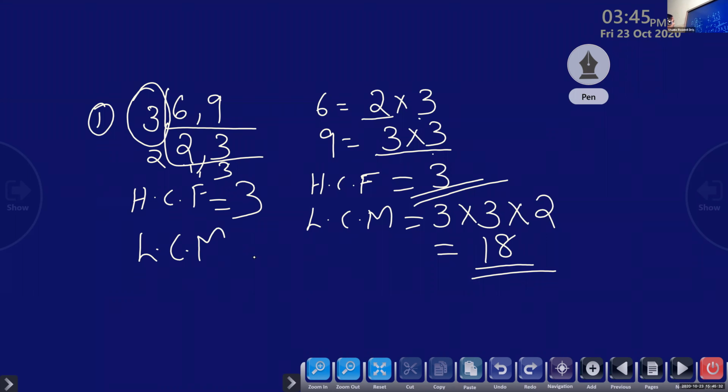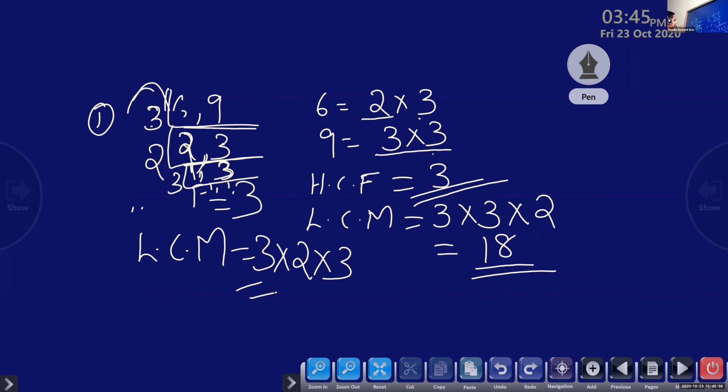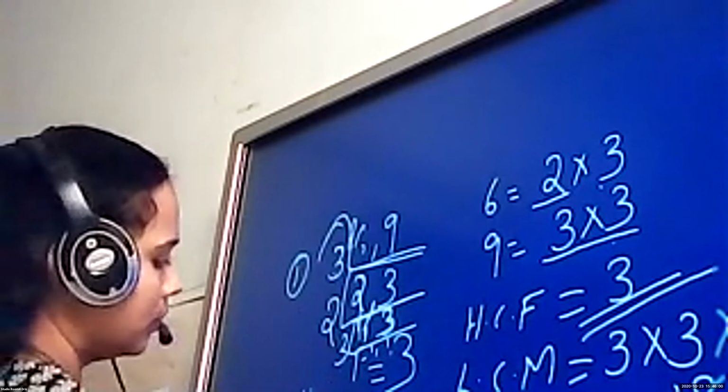When you are in higher classes, maybe you can finish here, because you know these all are prime numbers. So in higher classes, you will take 3 into 2 into 3. That's all. But you are beginners, so I'm making you do till all the numbers become 1, 1. So 3 into 2 into 3. So here also 3 into 2, 6 into 3 is 18. So this method also works. Okay, children? Yes?